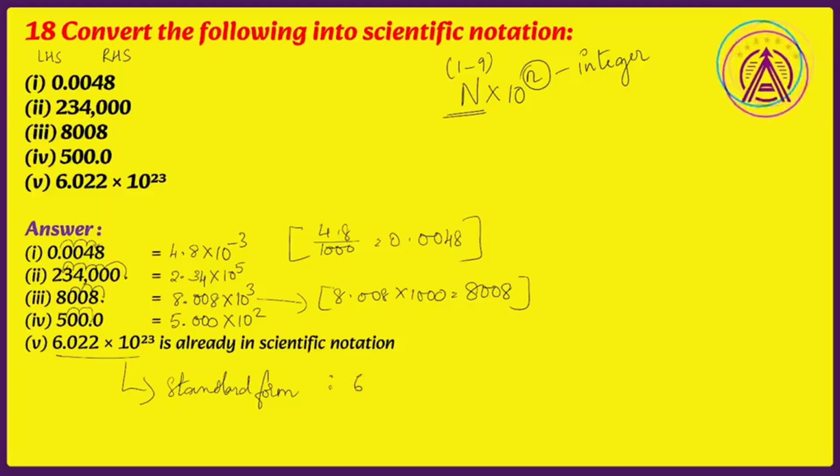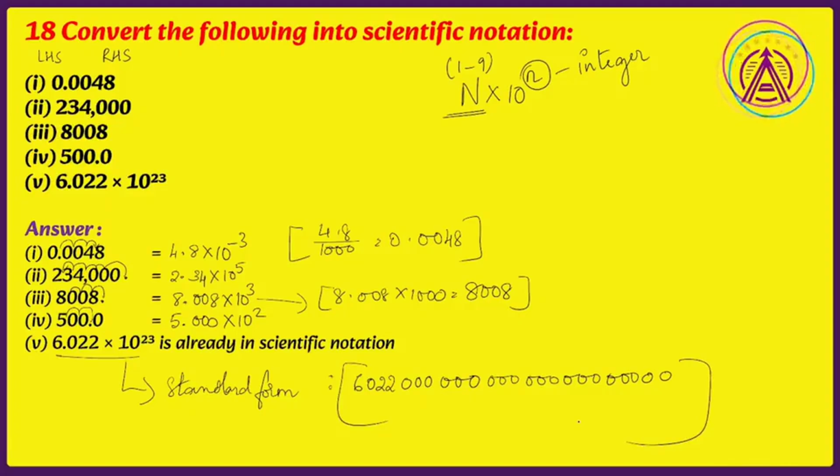If you multiply, you get 60000... So just see 1, 2, 3, 4, 5, 6, 7, 8, 9, 10, 11, 12, 13, 14, 15, 16, 17, 18, 19, 20, 21, 22, 23. So this is basically your Avogadro's number. They can ask you to represent it in standard form also, so you'll have to know how to convert from scientific notation to standard form, as well as from standard form to scientific notation.